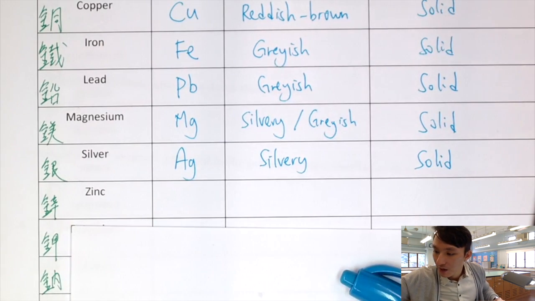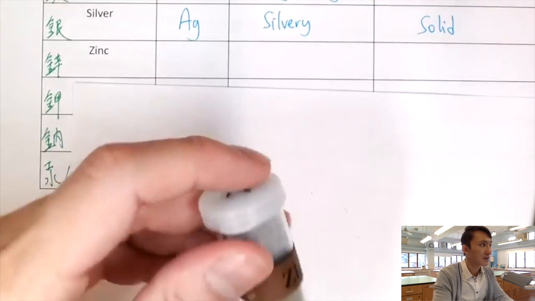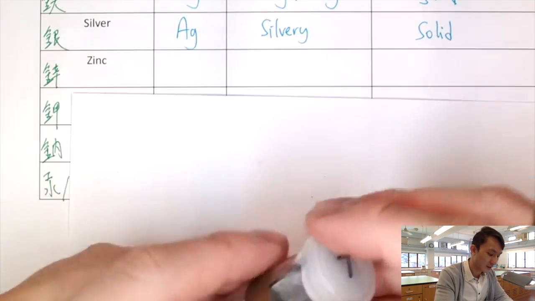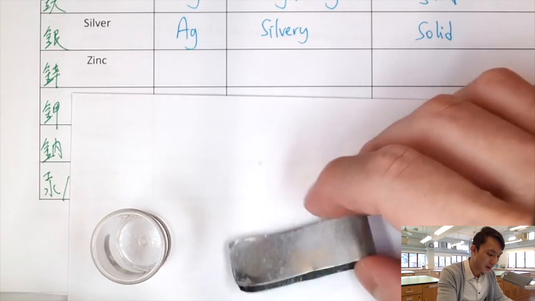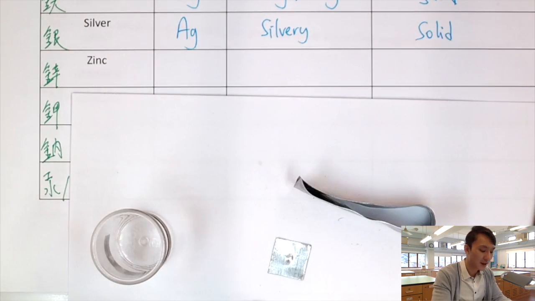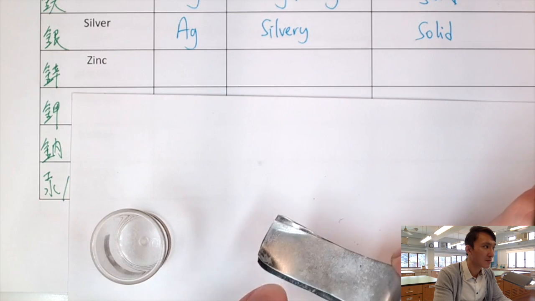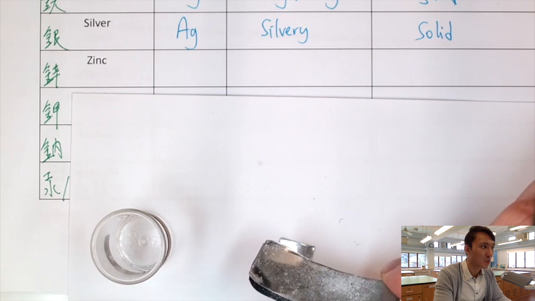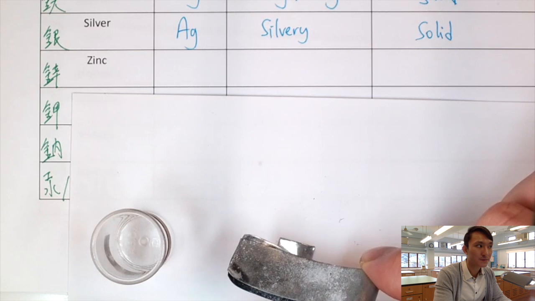Okay, next one is zinc, okay? Zinc, okay? Again, let's pour it out. Okay, so this zinc metal is kind of silvery, okay? But again, some of the old stock may get a little bit grayish. You see this white color here is actually zinc oxide.